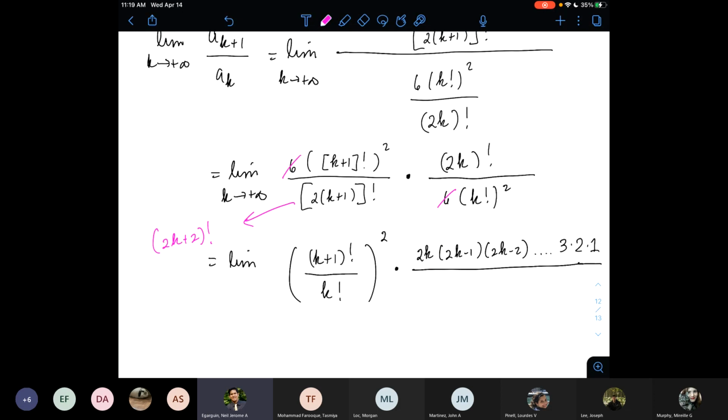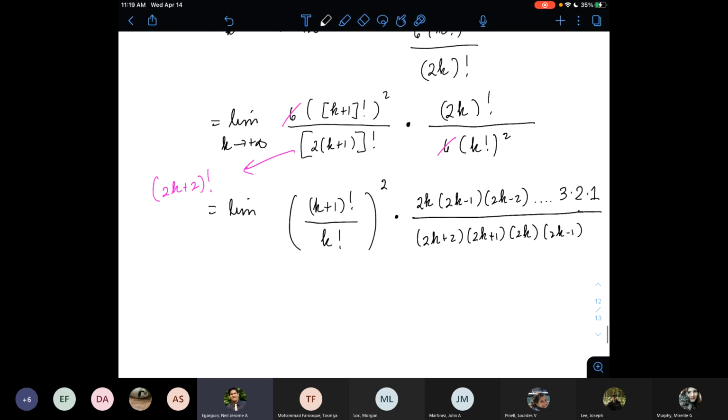So upon expansion, it would be 2k plus 2, 2k plus 1, 2k, 2k minus 1, 2k minus 2, all the way down to 3 times 2 times 1. And we take the limit as k approaches infinity.